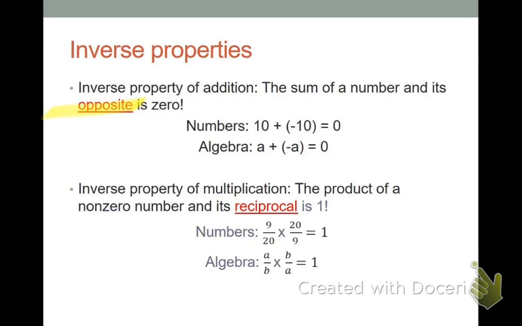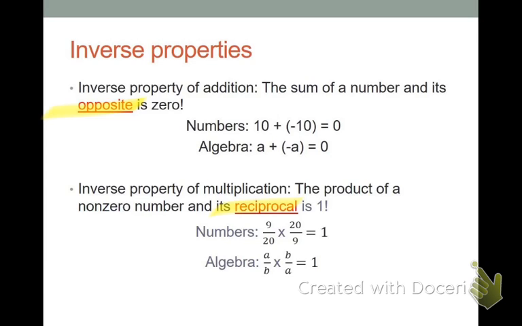All right, now with the inverse property of multiplication, the product of a non-zero number and its reciprocal is 1. We also call that the multiplicative identity, and you see that underlined on your notes. Okay, the multiplicative identity is another word for reciprocal. It's just something you have to memorize. So if I said, what is the multiplicative identity of 4/5?